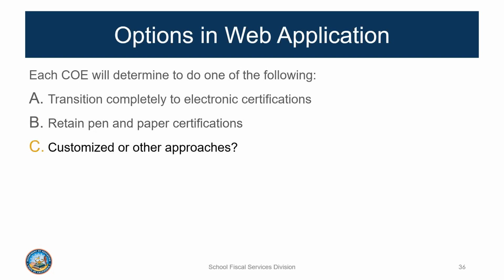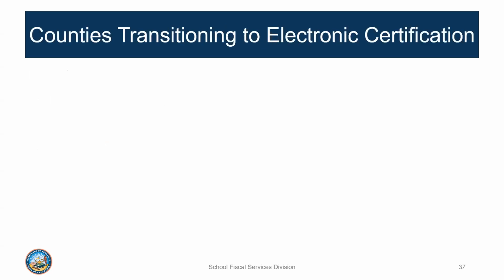And perhaps there's a third alternative that exists, maybe where a county wants to employ different systems for different LEAs. And that again has to be left up to the local decision. Because as we mentioned, the only thing that is required for the purposes of CDE is the electronic certification in the PADC web application.